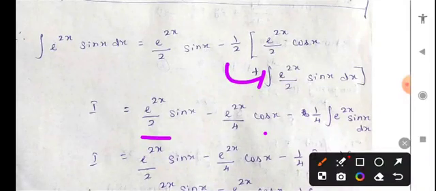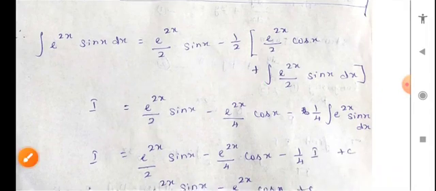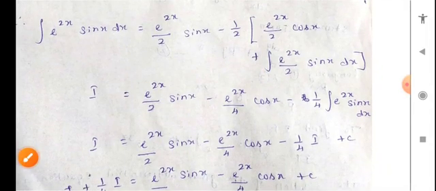Then again multiplying, it becomes minus 1 by 4 into integral over e power 2x sin x dx.